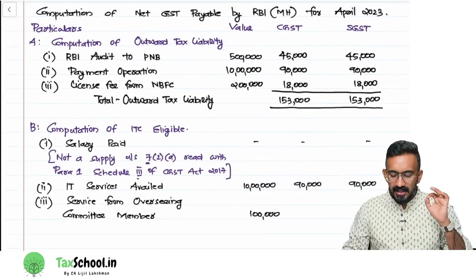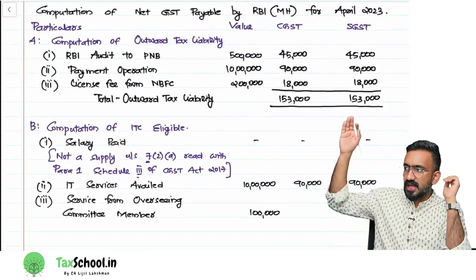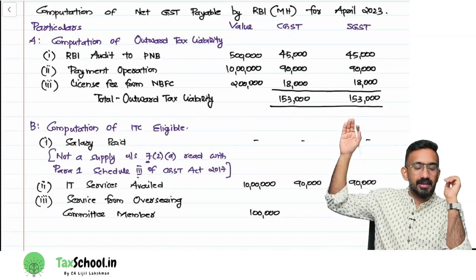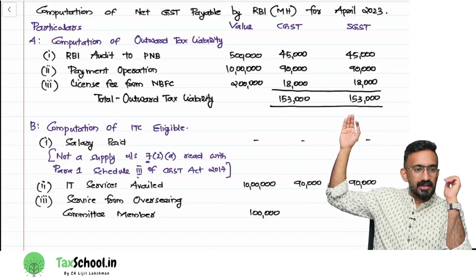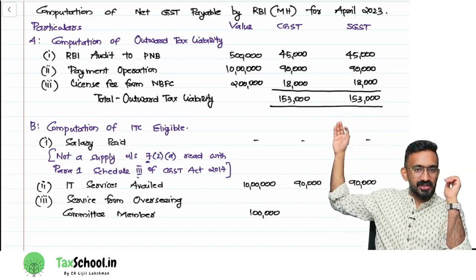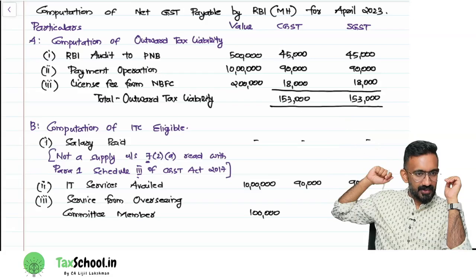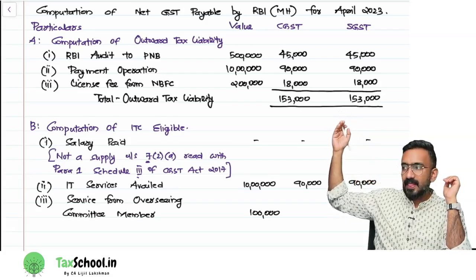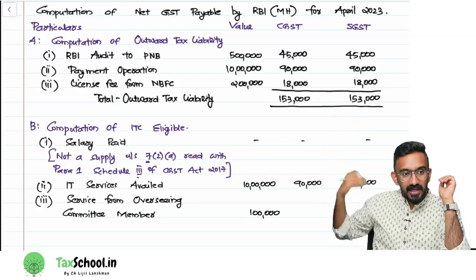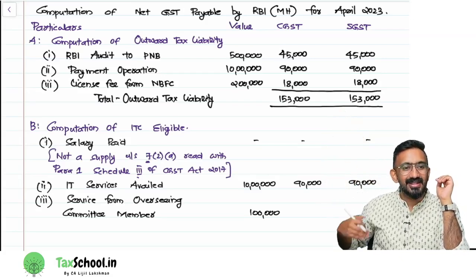What ICAI generally does is show this as a part of your outward tax liability. After outward tax liability, they will mention an additional amount here, tax liability paid by cash. RCM liability by cash, they will show right after outward tax liability, and then again take the credit here. Then after the credit, you will add back and then show that this is also paid by cash.